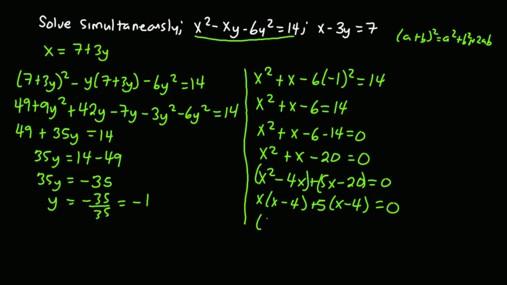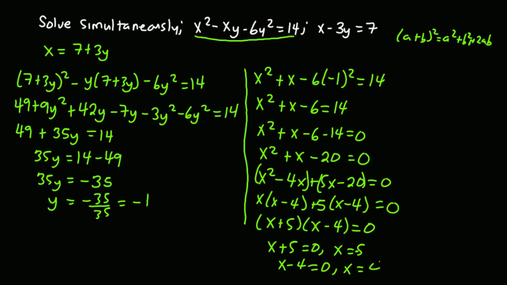So we have x plus 5 and x minus 4 is equal to 0. So going by this, x plus 5 equal to 0 gives x is equal to -5, or x minus 4 is equal to 0, where x is equal to +4.